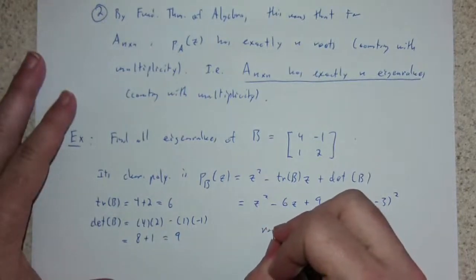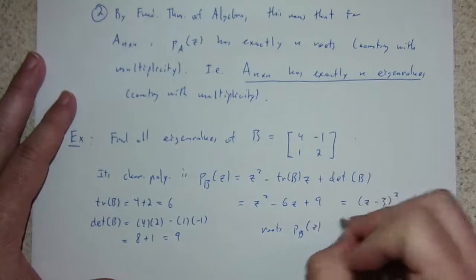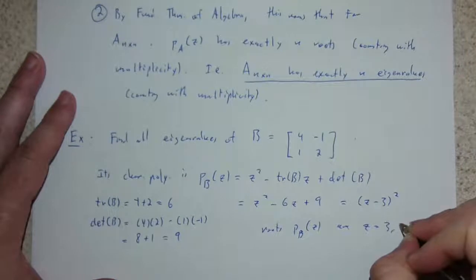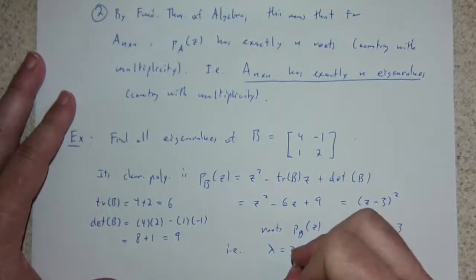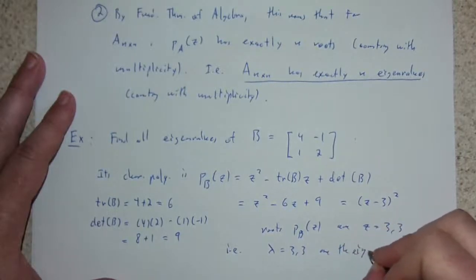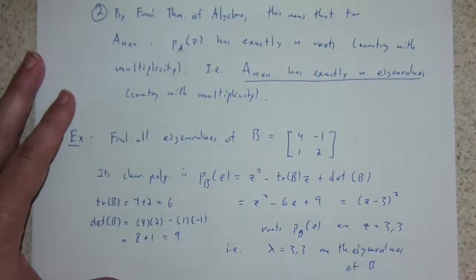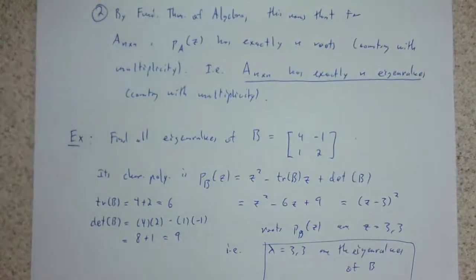So roots of the characteristic polynomial are z equals 3 and 3, i.e. lambda equals 3, 3 are the eigenvalues of B. So the only root of that characteristic polynomial is 3, a double root.